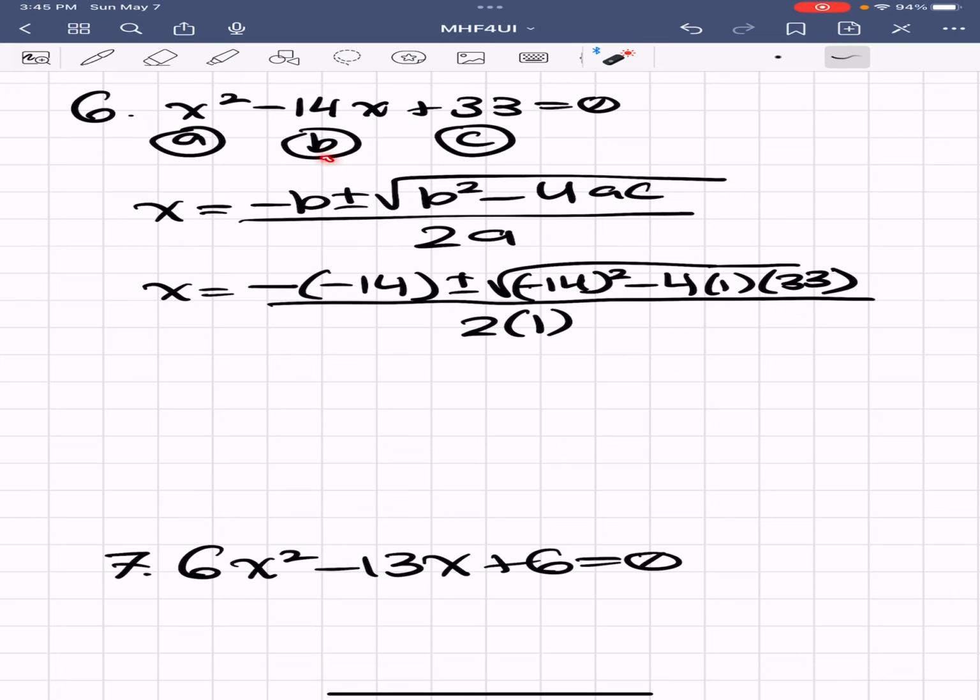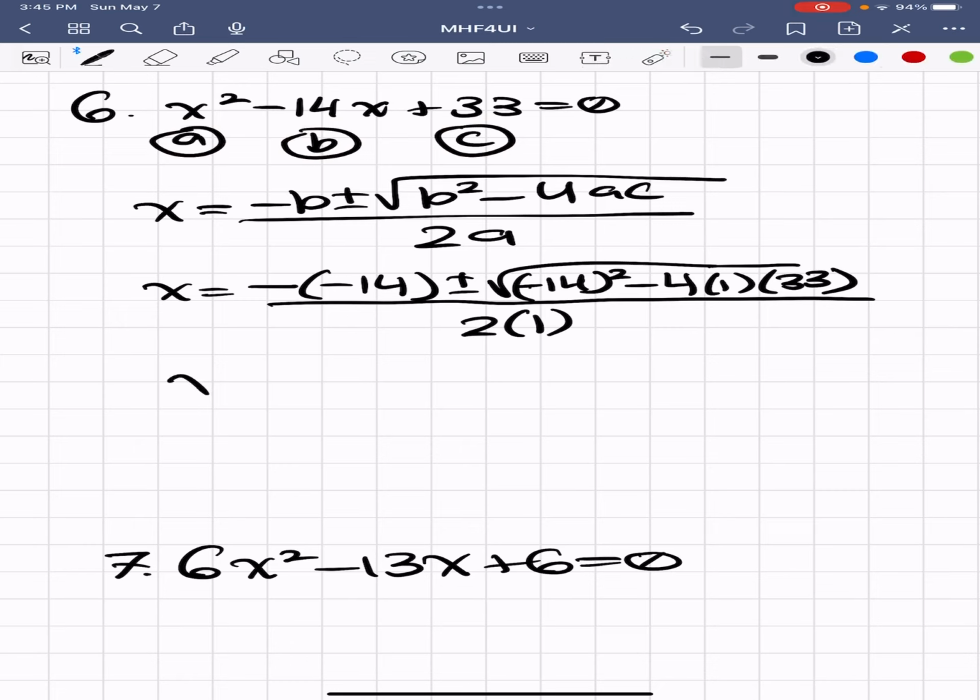I put b where b was supposed to go. I put a and c where a and c were supposed to go. And I put a where a was supposed to go. So you just make sure that you're substituting the values of a, b, and c into the formula correctly.